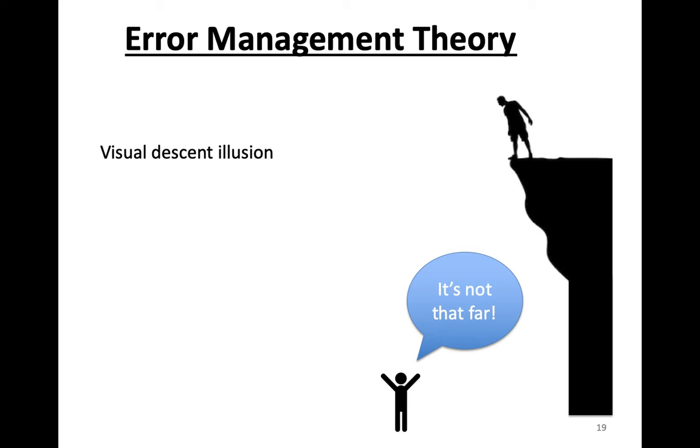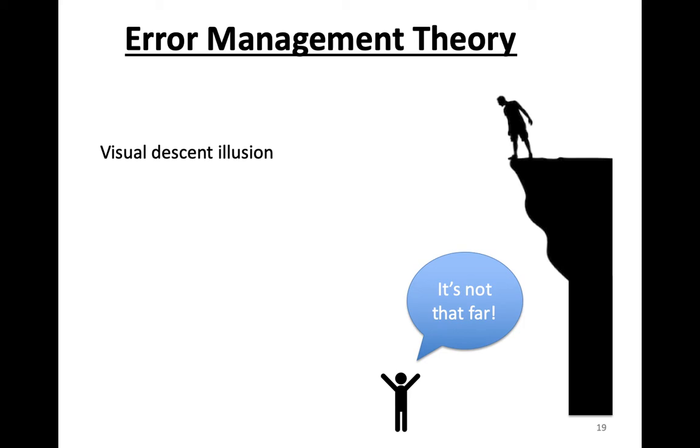Another good example of this is something called auditory looming bias. People overestimate how close objects are when the sound is moving toward them compared to when it's moving away. So when something is approaching, we think that it's closer to us than it is when it's actually at that same distance but moving away from us.